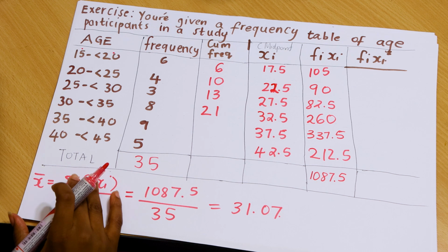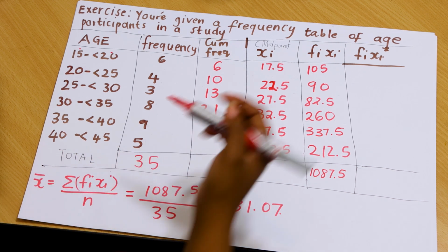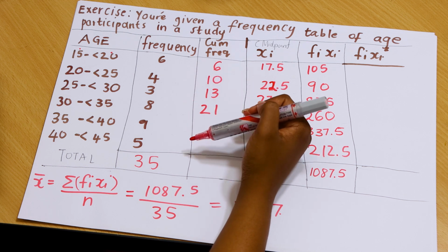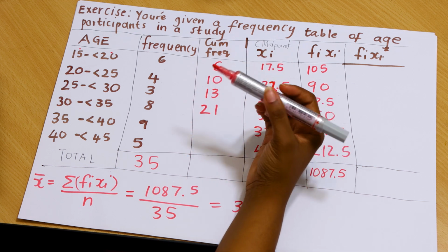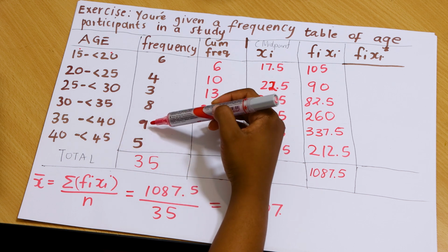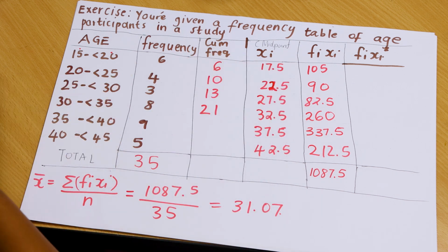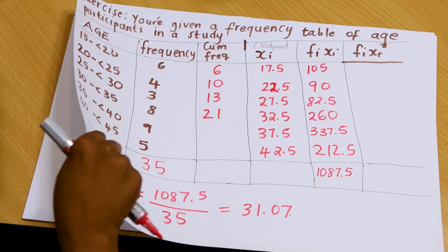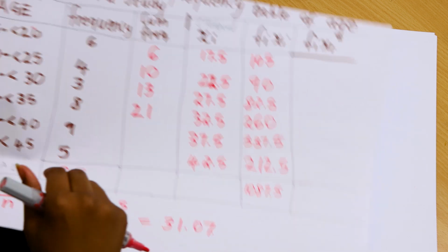So to calculate the mode, you have to find the interval with the highest frequency. So here we can see that 35 to less than 40 is the interval with the highest frequency. Therefore, it is the modal interval. Then how do we put that in the equation?